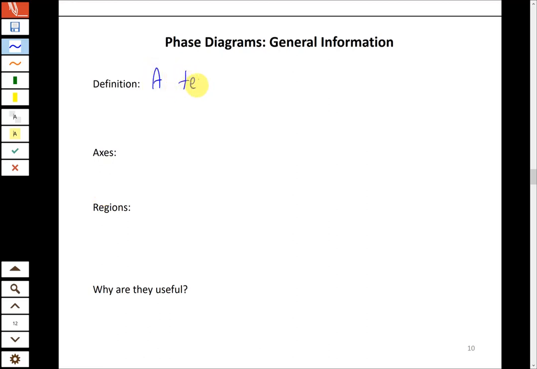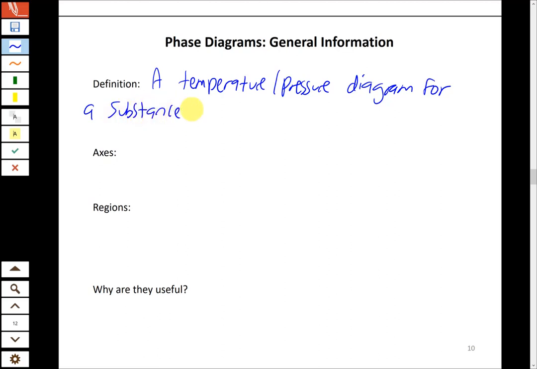One axis is going to be temperature, one axis is going to be pressure. So if I want to know what phase water would be in at 105 degrees Celsius and 6 atmospheres of pressure, then I can go to the phase diagram, find that temperature and pressure, and the diagram will tell me whether it's solid, liquid, or gas at that temperature.